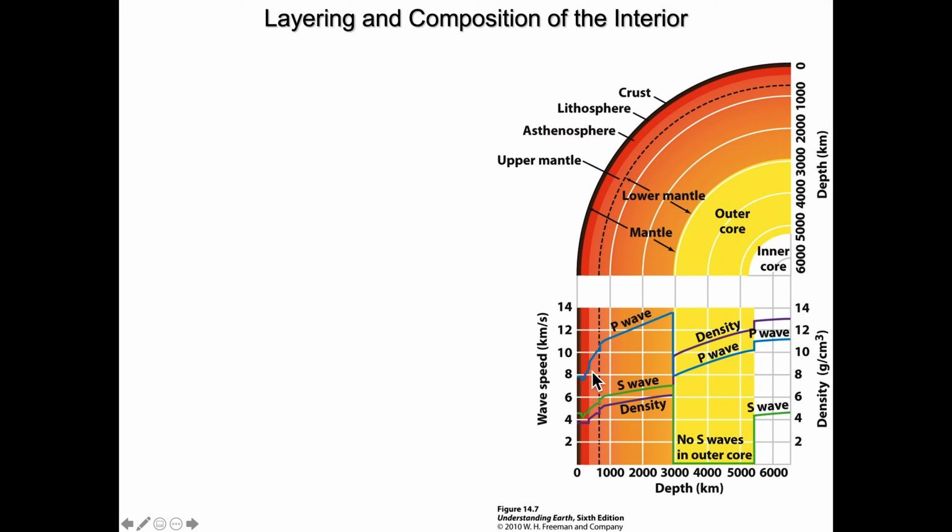And this point here, where the wave speeds up dramatically, is a critical point in the Earth's structure. This is the boundary between the mantle, in particular the upper mantle, and the lower asthenosphere. So this abrupt increase in wave speed marks the boundary between the asthenosphere and the mantle.